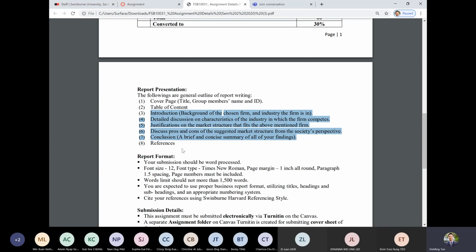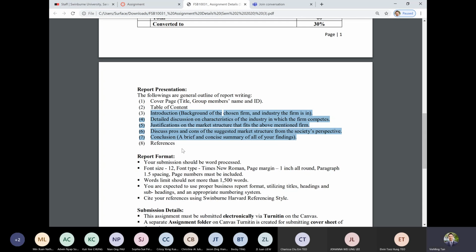Is in-text citation considered as well? Oh, you mean the in-text citation. In-text citation can be excluded also, not counted. Don't worry, as long as your word count is within like 1,600, because I know that if 1,600 also includes some of the in-text referencing, that should be fine.